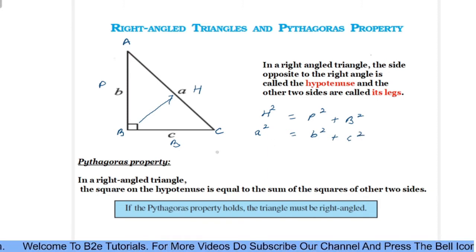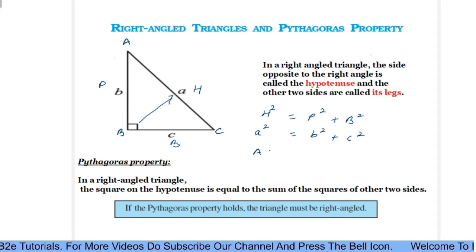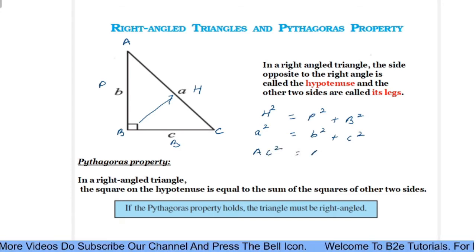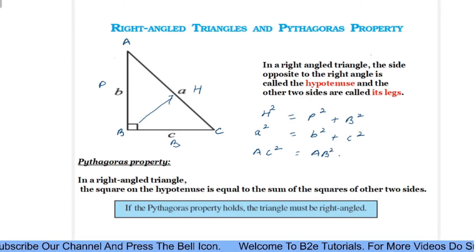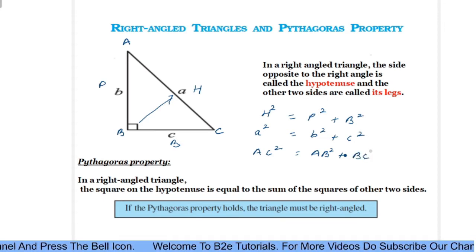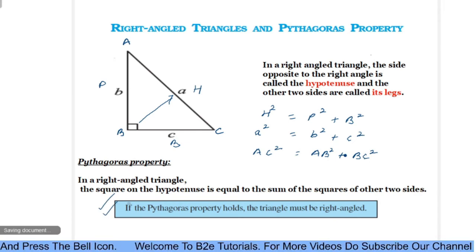Or if you take the sides, then it can be written as AC square equal to AB square plus BC square. If the Pythagoras property holds, the triangle must be a right angle.